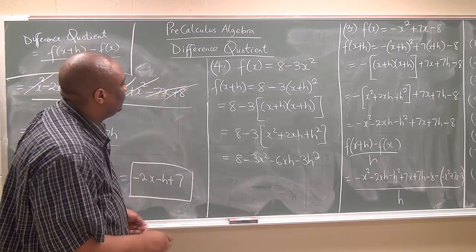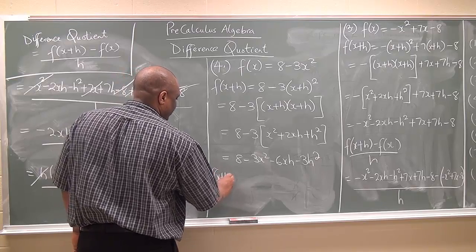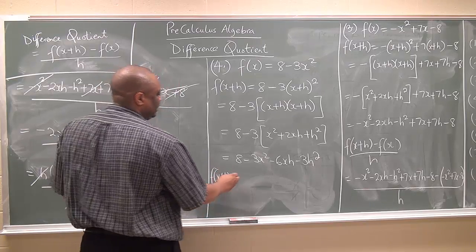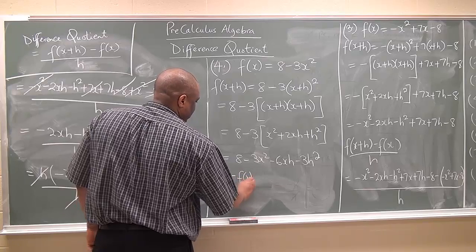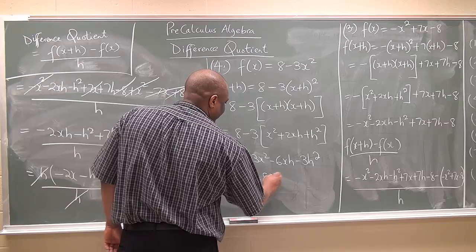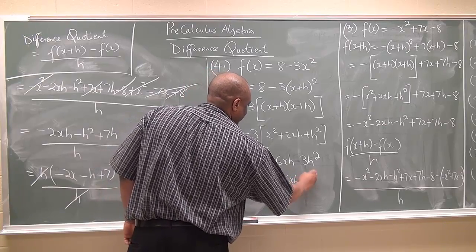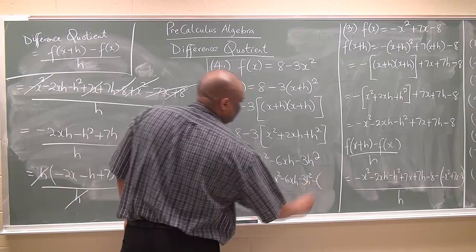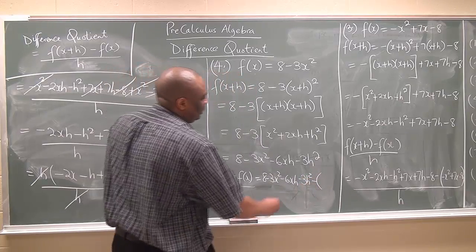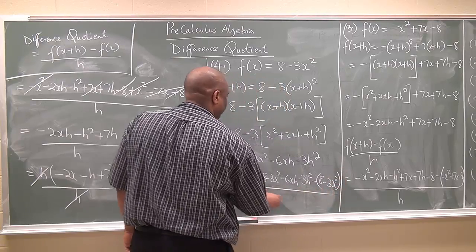So we now see that the difference quotient, f of x plus h minus f of x all over h, will be 8 minus 3x squared minus 6xh minus 3h squared minus, you put your parentheses, 8 minus 3x squared, all over h.